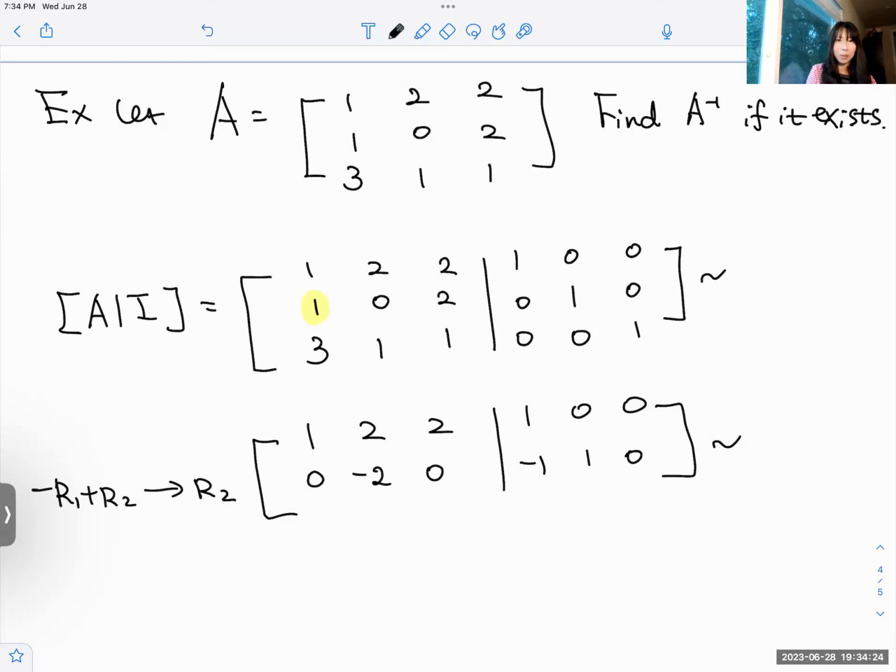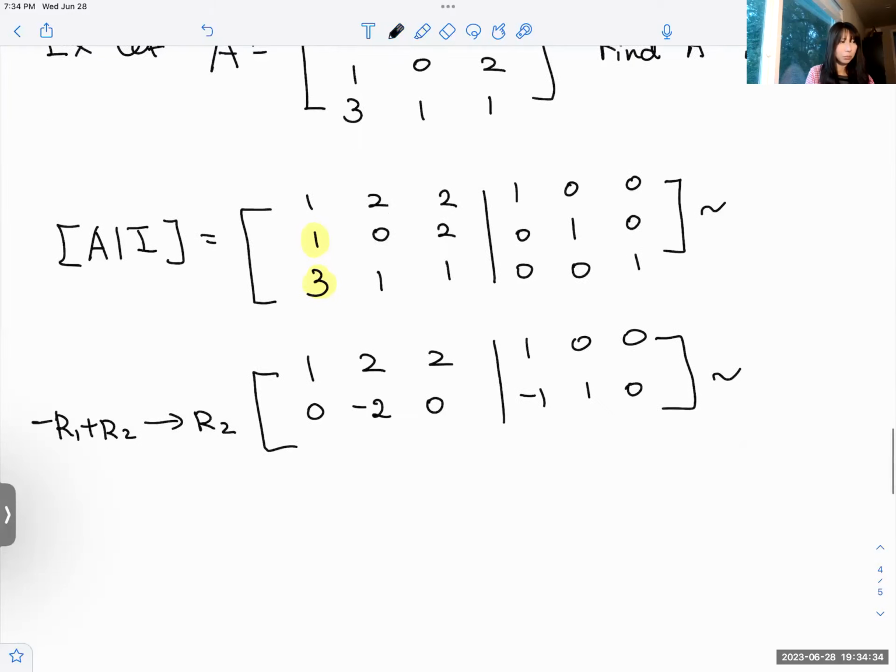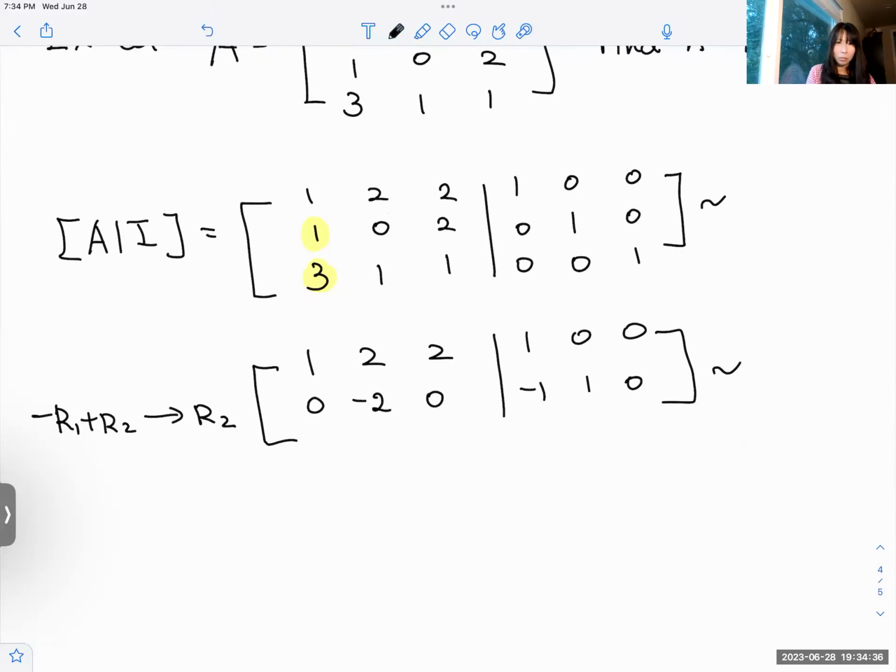Okay, let's make a 0 here. How do we make a 0? So let us make a negative R1, negative 3, row 1, plus row 3 to get row 3, right?